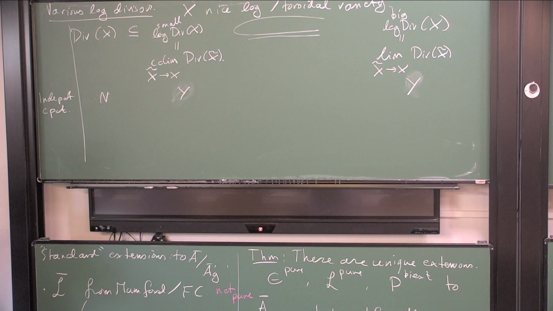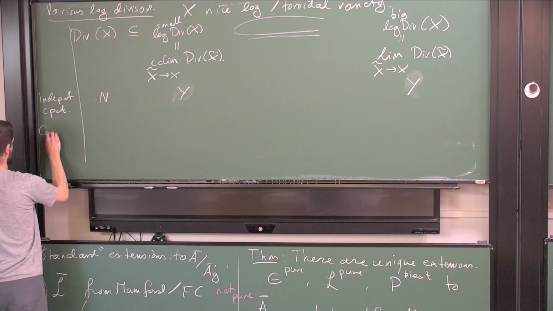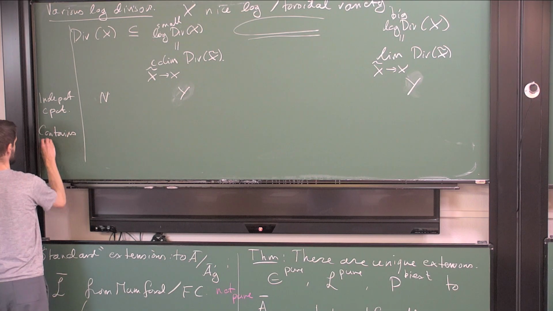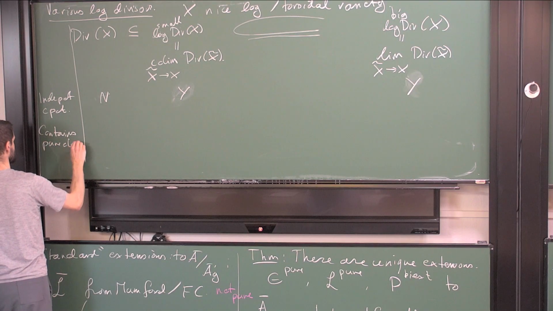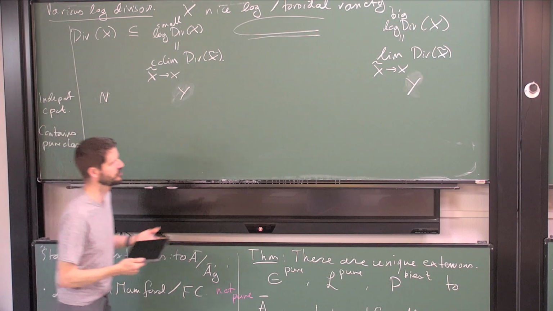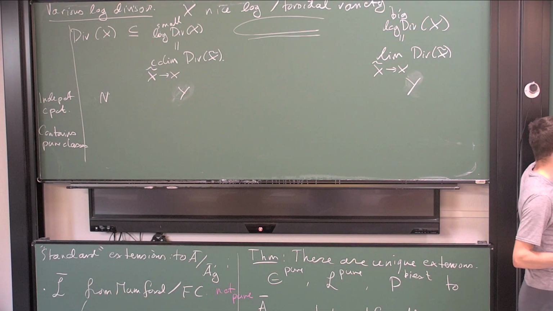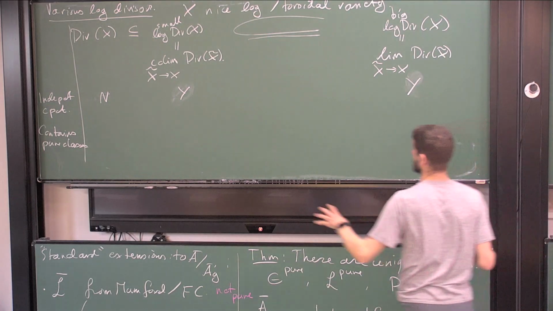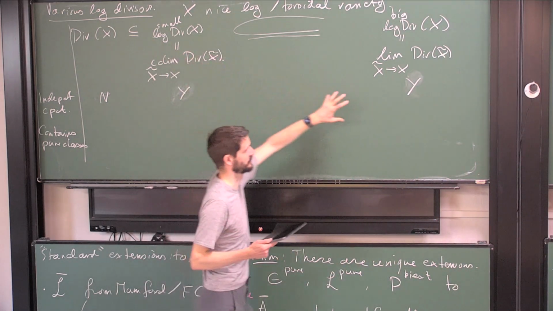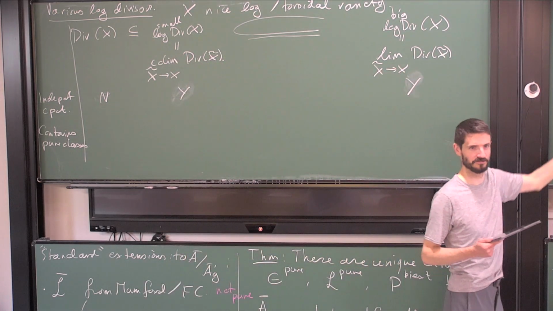So I'm supposed to be talking about theta. This contains fewer classes. I sort of mumbled about the fact that usual line bundles, divisors, with this definition of purity don't exist. This notion of purity makes sense very happily for either this group or for this group. There's still things that you can pull back, it's all fine.